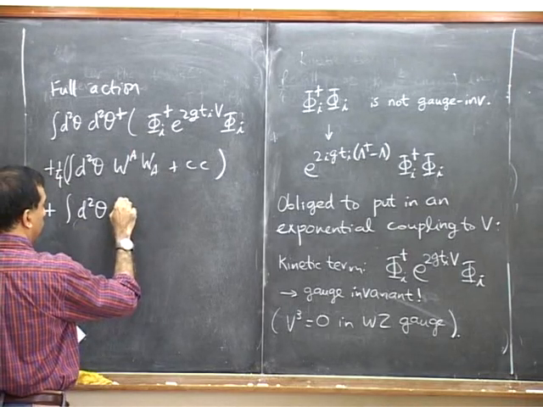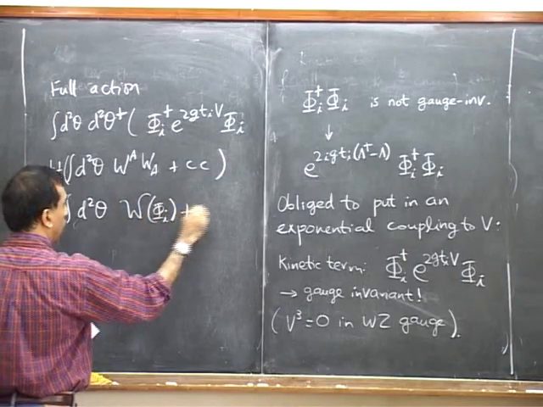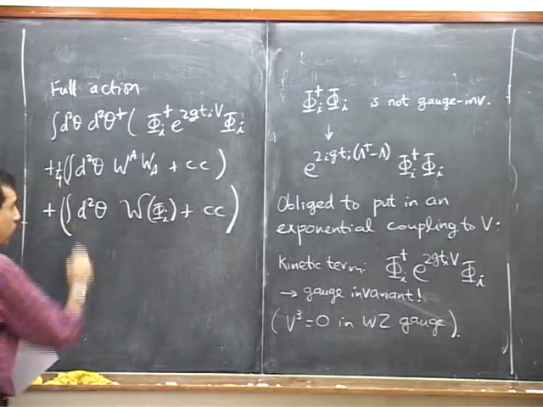So there is a term involving W of all the phi I, and its complex conjugate. This is the full theory.